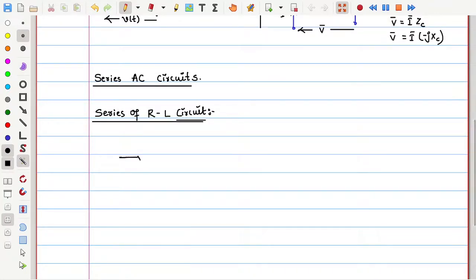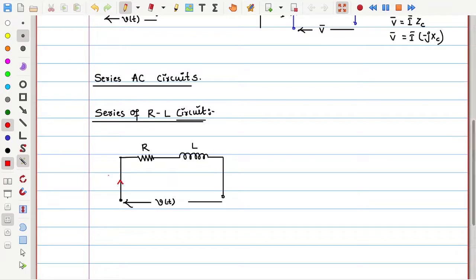So a resistance of R is connected in series with an inductor like this. This is R, this is L, and the total voltage across this is V of t, and the current passing through this entire series circuit is I of t.